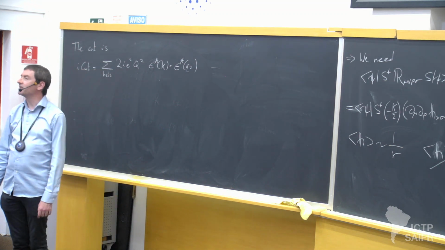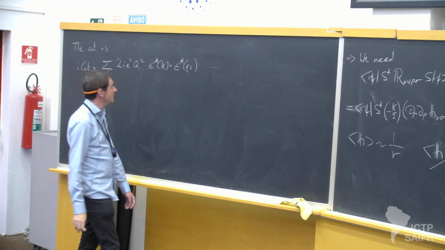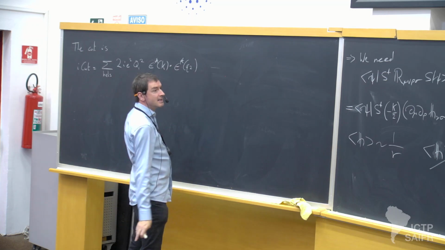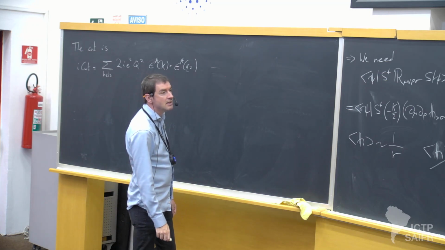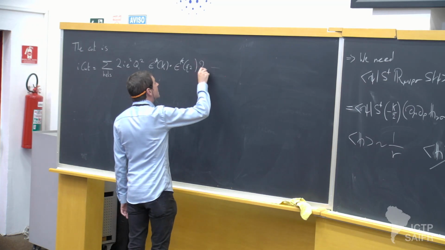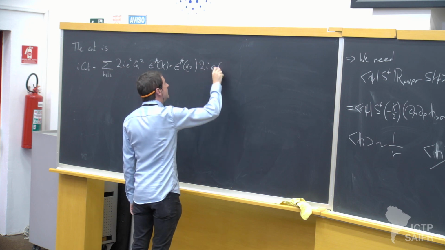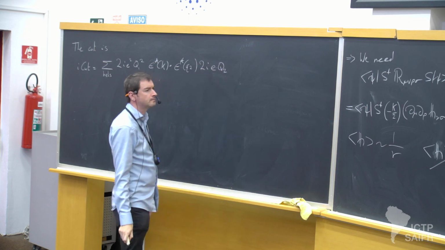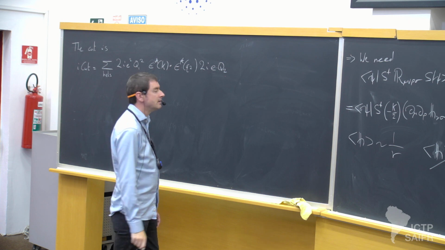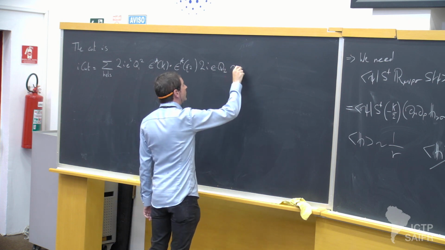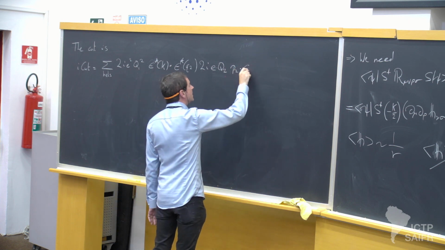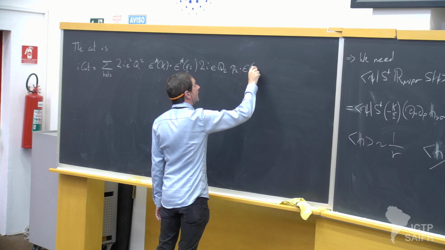I'm sort of putting them in to be slightly pedantic, but I wouldn't worry about them at all. And then at the bottom 3-point amplitude, there's a factor 2i e q2, and the momentum P2 dotted with, now it's an incoming, epsilon of Q2.